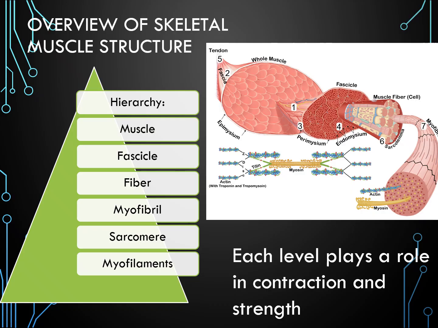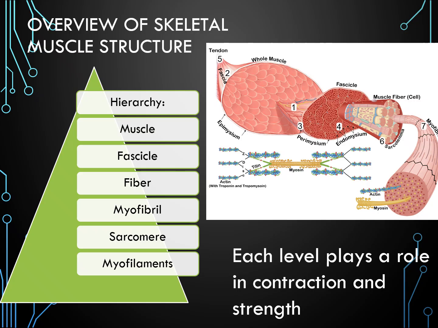Each muscle fiber is actually a single elongated muscle cell. It's cylindrical in shape and capable of contracting when stimulated. Inside each fiber are many myofibrils, the thread-like structures that contain the machinery for contraction.